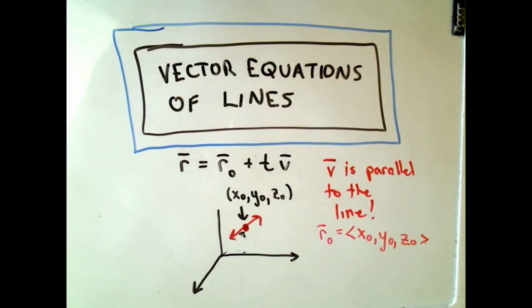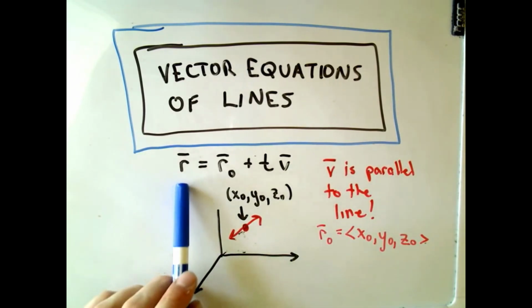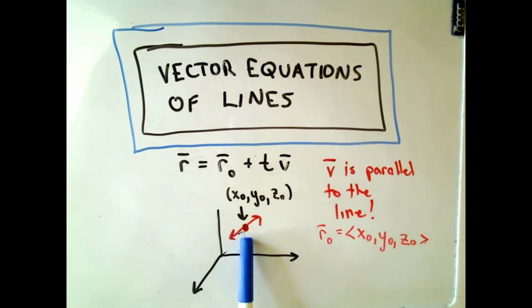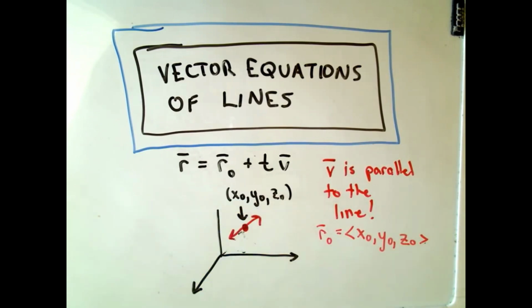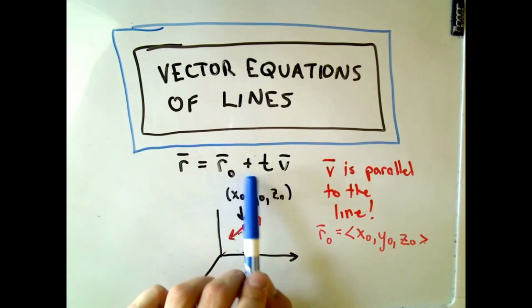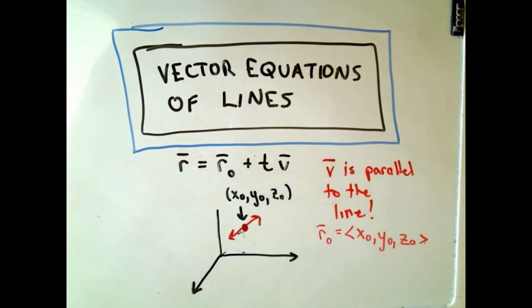Okay, in this video I just want to talk about finding vector equations of lines. And the idea, the formula is, so the vector r, if it goes through the point x sub 0, y sub 0, z sub 0, and we want the equation of the line with some given direction, the formula for that is we use r sub 0 plus t times some vector v.